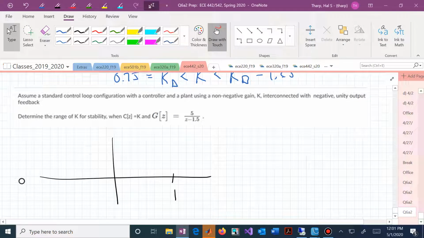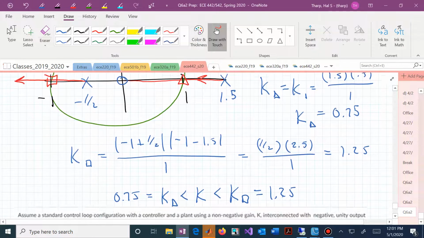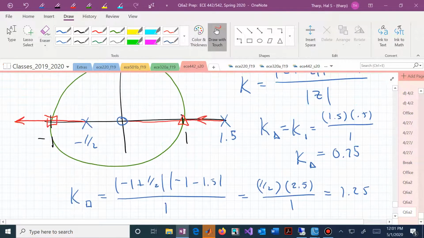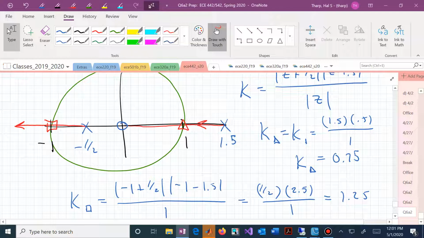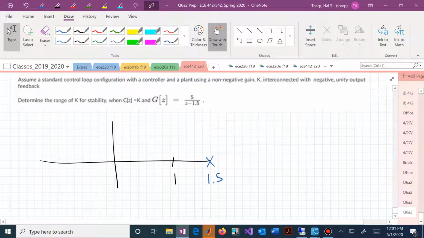Finally, we have determined the range of k for stability. Well, this is similar to what we just did, except now we have a single pole, not two poles and a zero. And those two poles were on either side of the zero, so we didn't have our nice little story of two poles to the right of a zero.